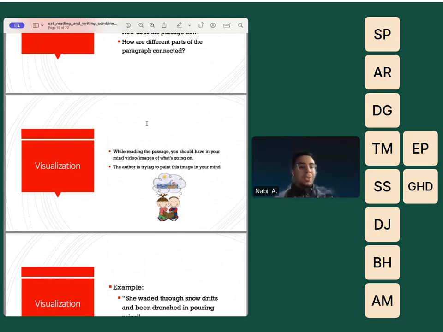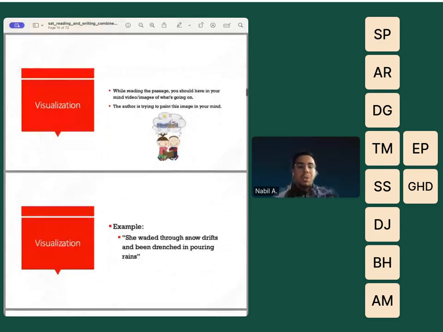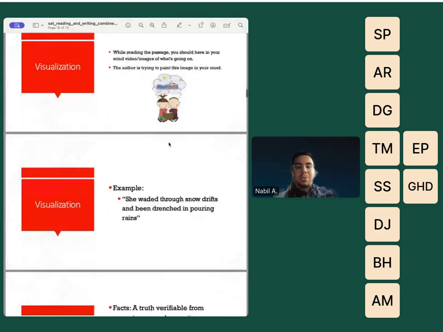For those that have seen some of these logical word choice and logical completion, also these function and main idea questions, it's really good to have a picture in your head. That way you have a solid idea of what the main idea is. So let's try to practice this visualization skill.